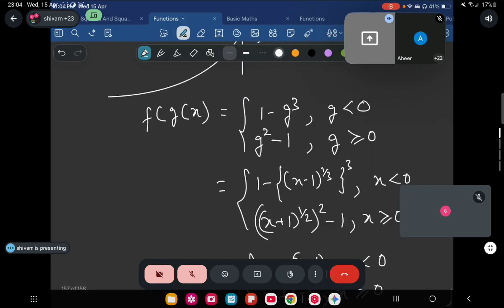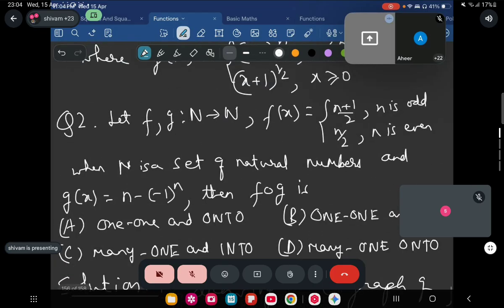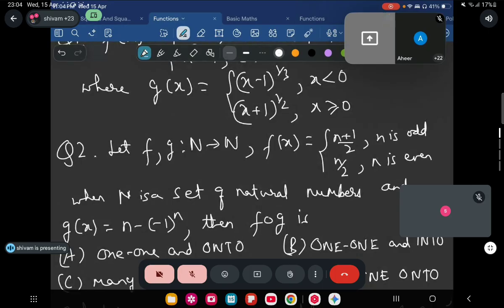Remember everyone, what is f of n? f of n, sorry, I've written x. It should be f of n. f of n is equal to n plus 1 by 2 when n is odd. Okay. So f of g of n will be equal to f of n plus 1 when n is odd.